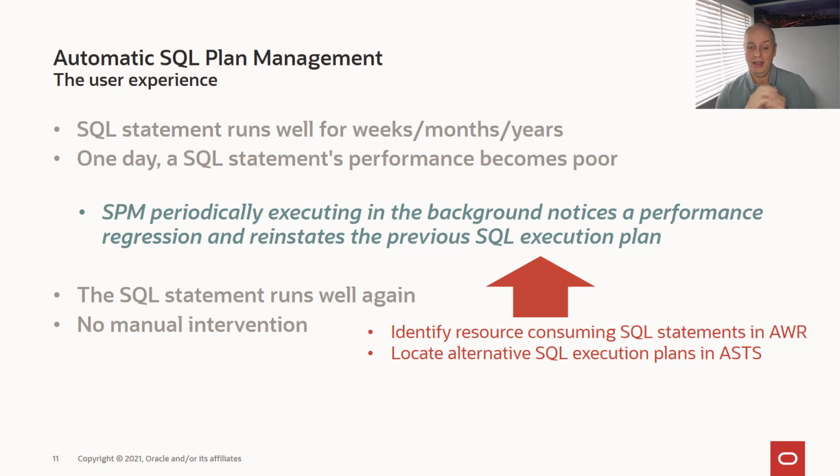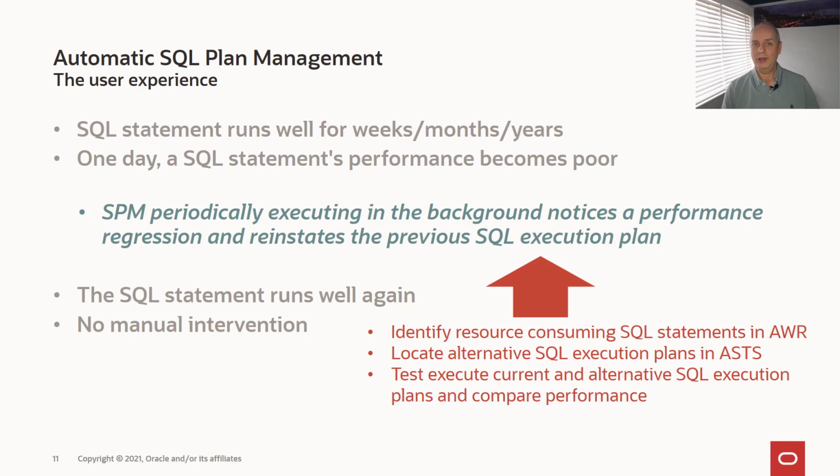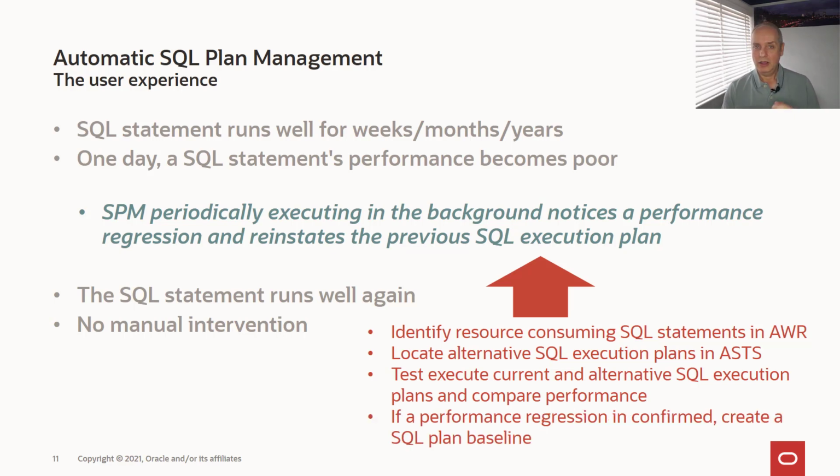So for the SQL statements we've found, we can go back in time and look at the different execution plans that specific SQL statement has had. We can then, in the background again, test execute the alternative execution plans. In other words, we can compare one plan against another at its simplest level. We can compare the performance results that we get, and if a SQL performance regression is confirmed and a previous plan is better, we can create a SQL plan baseline for that previous plan.